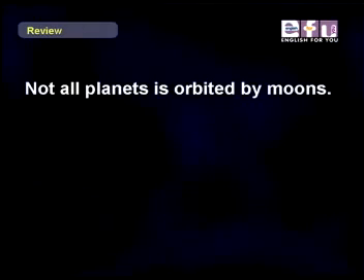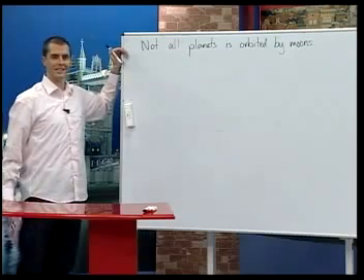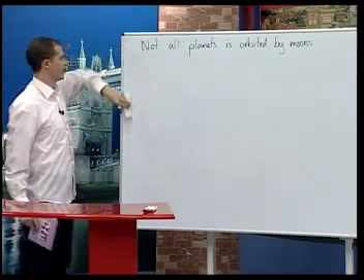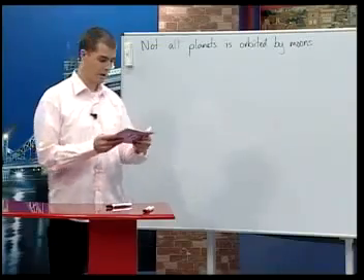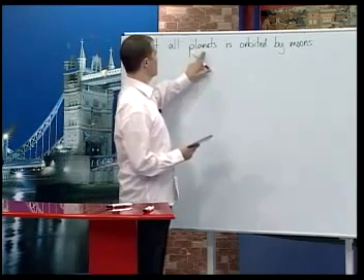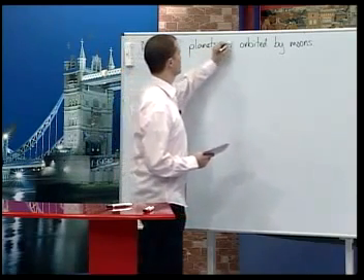Not all planets is orbited by moons. What's the mistake? You should change the verb. Not all planets are orbited by moons. So the verb changes. Yes. Okay. Because planets is plural. Okay, so that's the mistake.